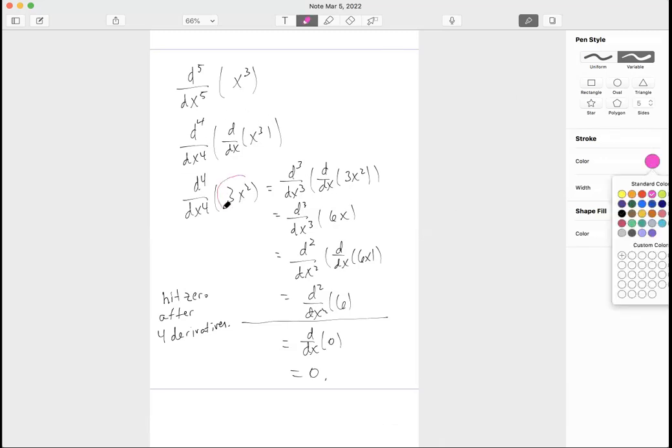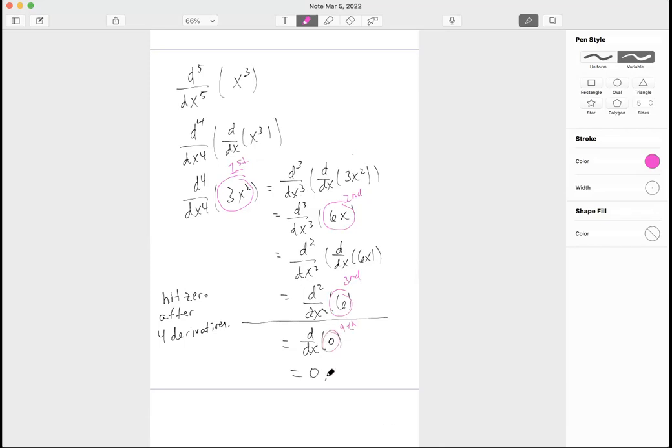After the first derivative, we got a quadratic. After the second derivative, we got a linear. After the third derivative, we got a constant. And then at our fourth derivative, we got 0, which is also constant, but the fact that it's 0 is important.